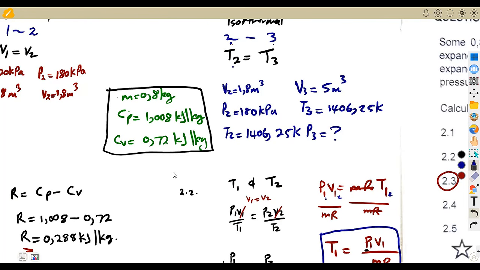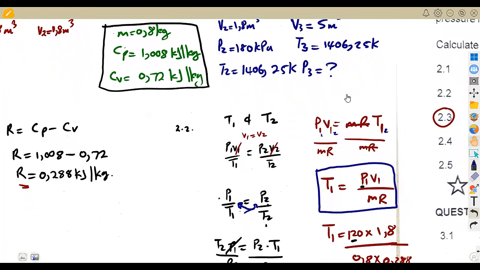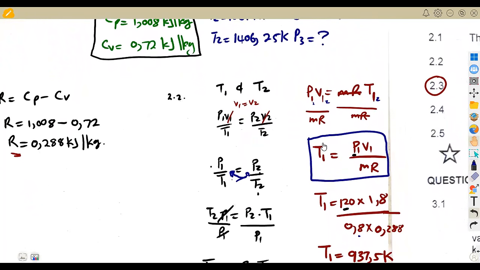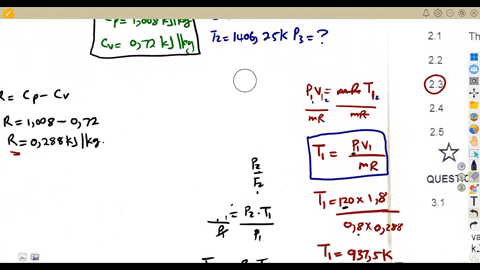All right, so which is going to be the best formula to apply in this case? As we can see here, we can use the same formula, P1 V1, or the same concept of that formula that we had. Just for the sake of calculations, I'm going to use this part because I have written T2 here.